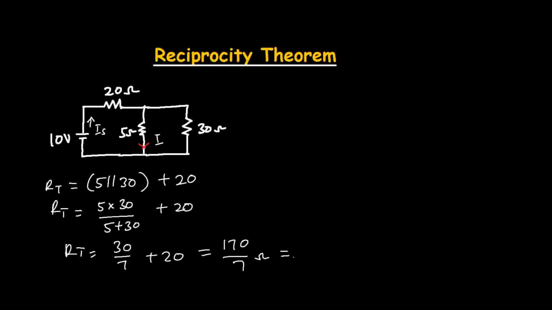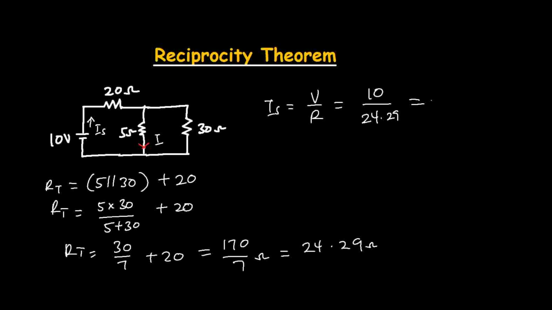Okay, so let's change this to decimal. That will be 24.29 ohms. So that was the effective resistance, or the total resistance, for the circuit. Now you have to use it to find the current IS, which is the source current. So the source current is equal to voltage divided by the resistance, which is 10 volts divided by 24.29 ohms.